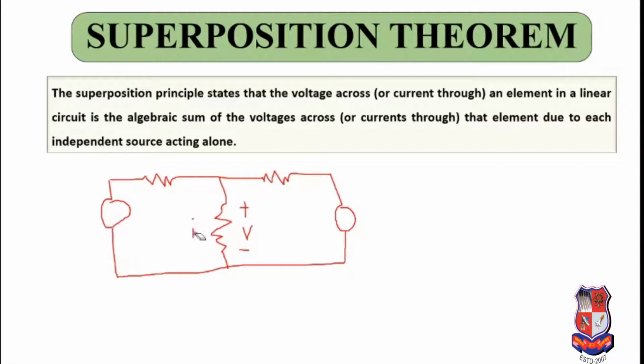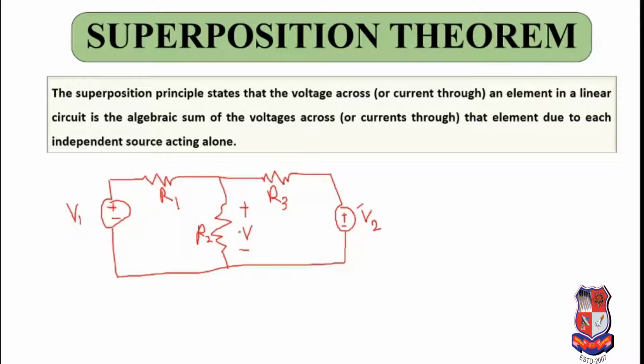We will first discuss voltage, then you will be able to understand what I am discussing. So suppose I have a circuit where this is one voltage source V1 and this is another voltage source V2, and the other elements are R1, R2 and R3. You are told to find the voltage across the resistance R2.